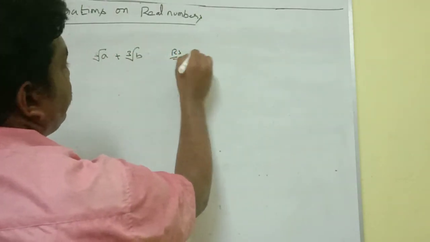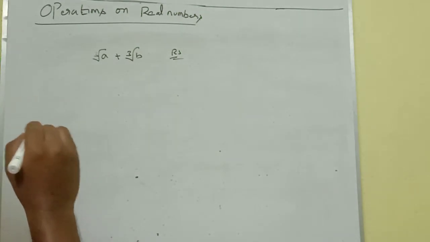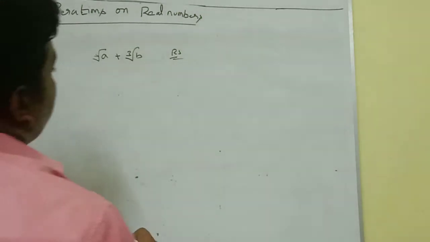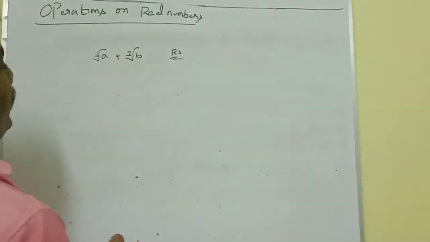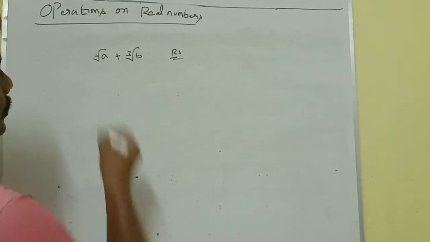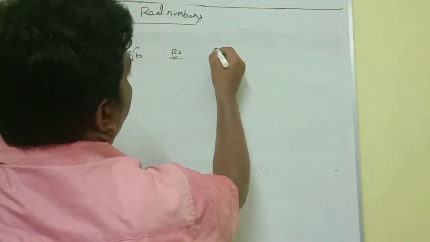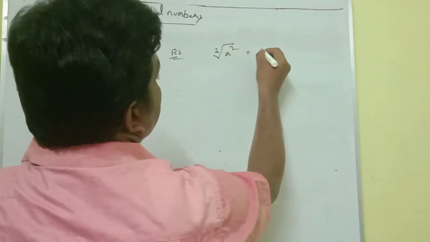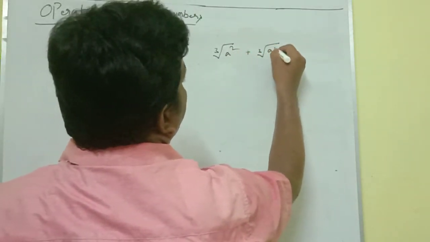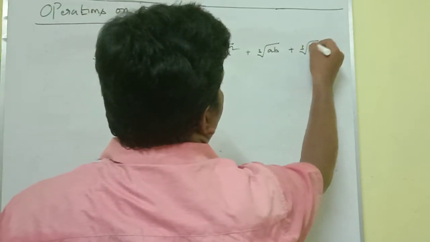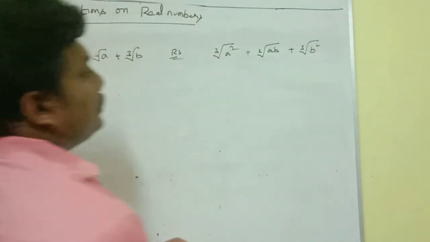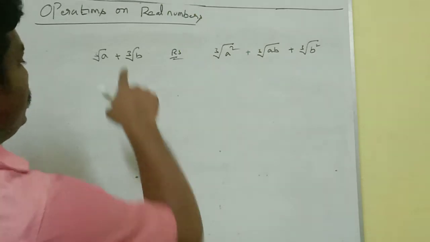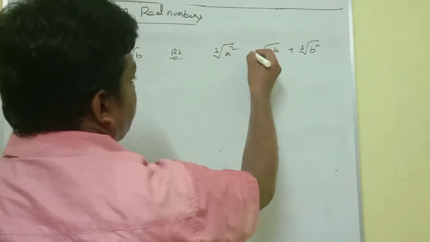What is its RF? So how to find this RF now. For cubed root a plus cubed root b, the RF is in the form of cubed root of a square plus cubed root of ab plus cubed root of b square. Sorry, that plus means it is minus.